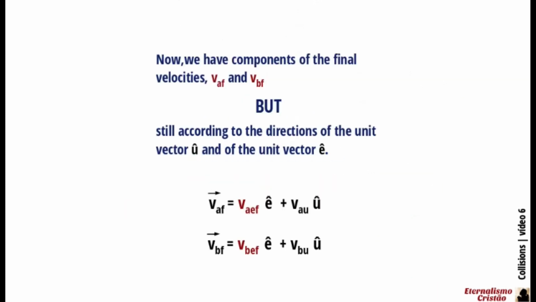Now, we have components of the final velocities, VA final and VB final. But these components are according to the directions of the unit vector U and of the unit vector E, not relative to our x and y axes.